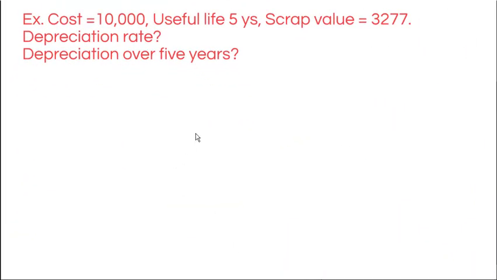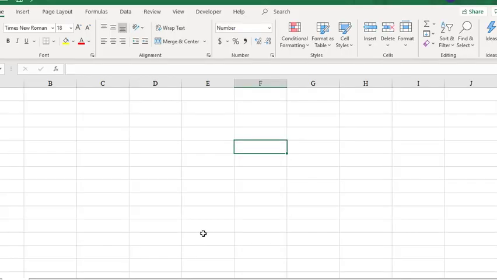Okay, we'll now consider a simple example. Cost of an asset is 10,000, useful life is 5 years, scrap value is 3,277, and you are asked to compute depreciation rate and depreciation over 5 years. So this time you want to compute rate of depreciation. We will now see how to compute rate of depreciation.